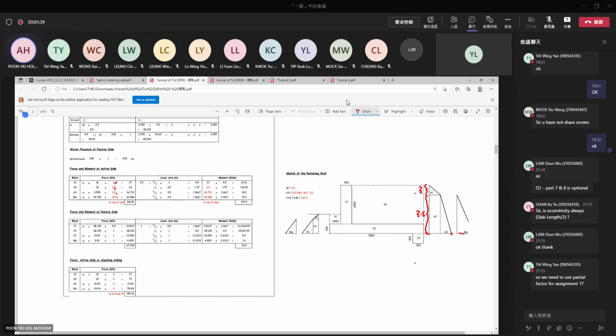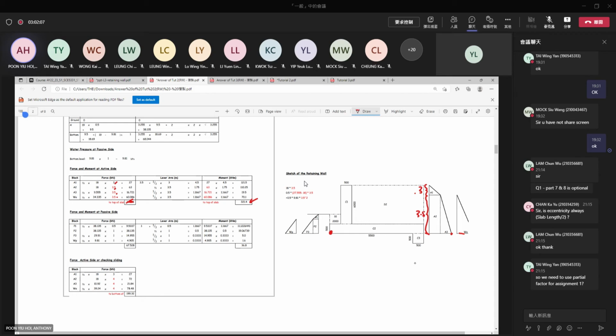我應該delete咗呢個。呢個唔使啦。Okay, so this is the moment arm, and then this is the overturning moment about this point. And then on the passive side, it's basically the same.